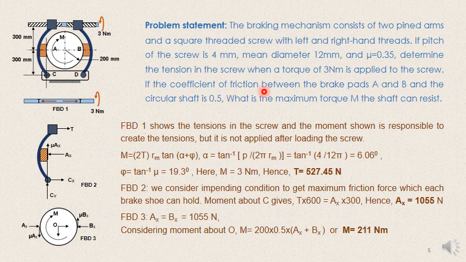If the coefficient of friction between the brake pads A and B and the circular shaft is 0.5, what is the maximum torque that the shaft can resist?